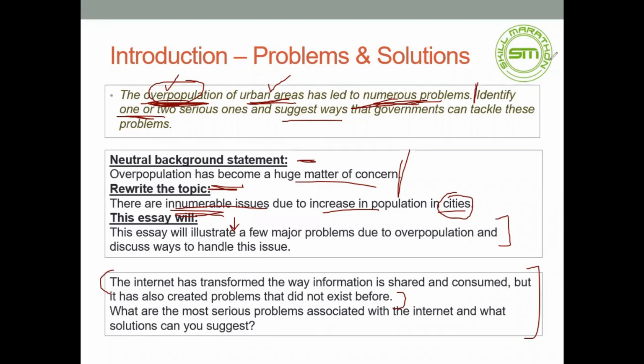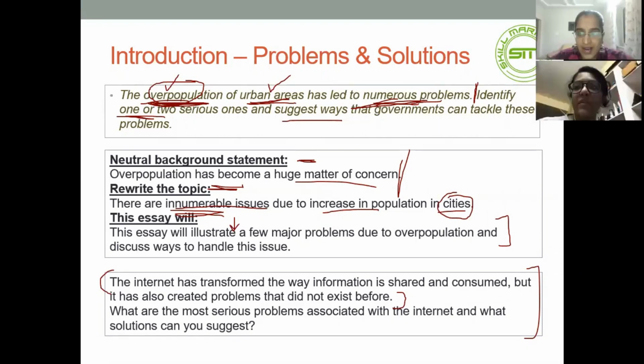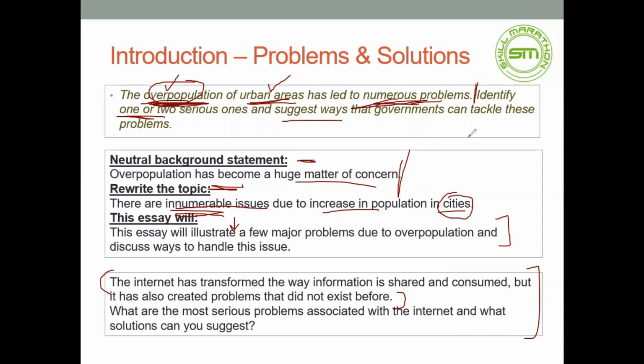Is it clear, everyone? Have you all understood how to write an introduction for problems and solutions? Go ahead and do this activity.